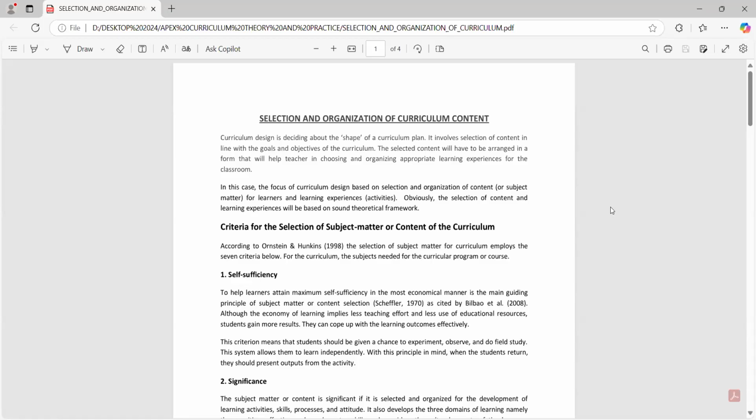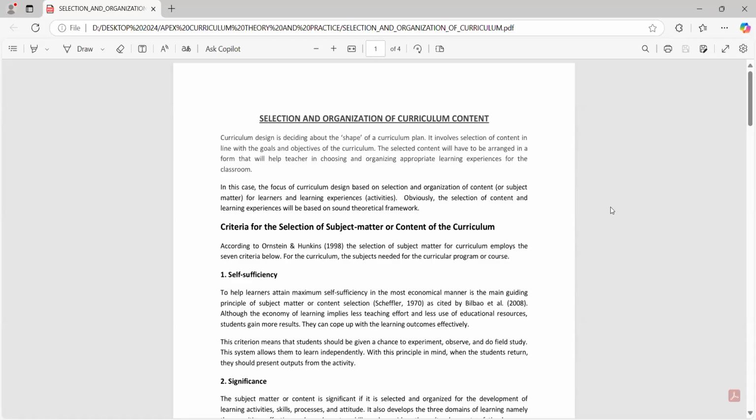It's actually a very serious and massive task. Okay, because of that, we are going to discuss selection and organization of curriculum content.